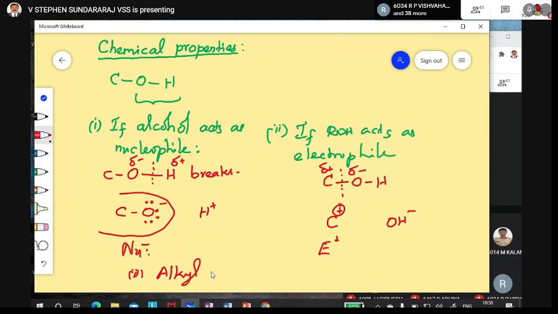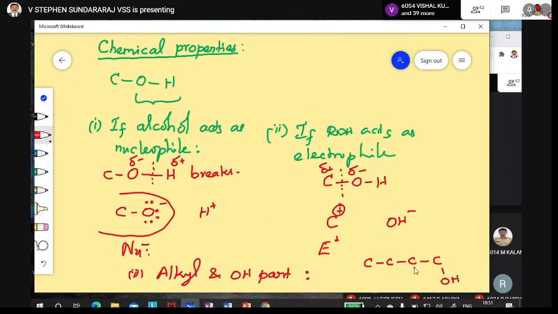Now the third type of reaction will take place in the alkyl part and the OH part, in both places. Can you tell me one reaction where both the alkyl group and the OH group are involved? This is the hydrocarbon part, and this is the OH group.